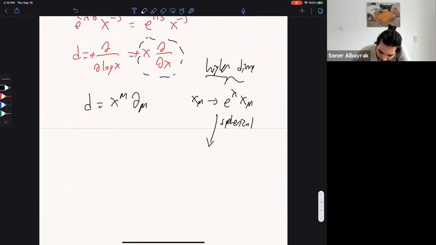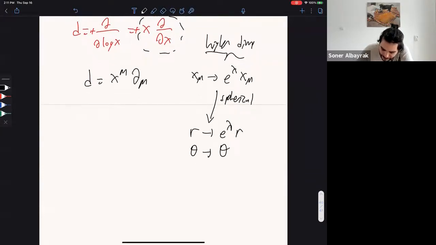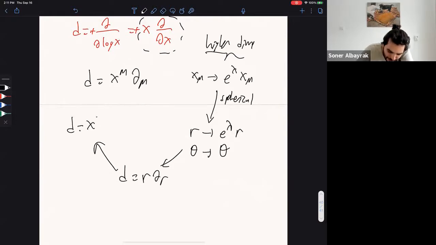Then r goes to e to the lambda r, and theta remains unchanged. Then we can find that the generator is r times del r. And then you can go back to Cartesian coordinates and D becomes x mu times del mu. So this is the way to do it in higher dimensions.